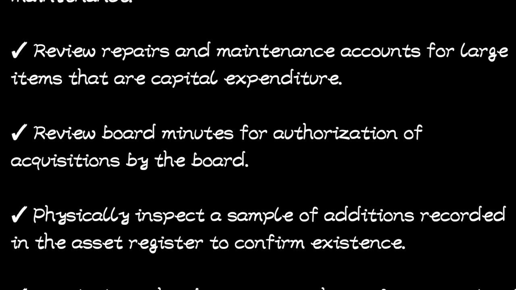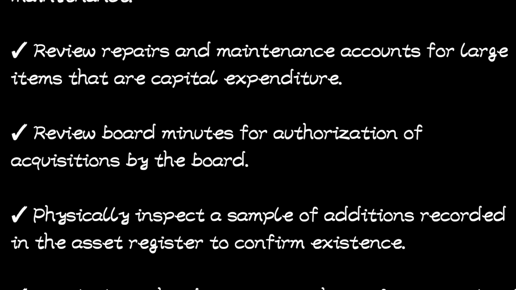Then another one is you can review the board minutes for authorization of acquisition by the board. Like, you look at the minutes that were giving maybe the procurement department permission to purchase those assets that were purchased.